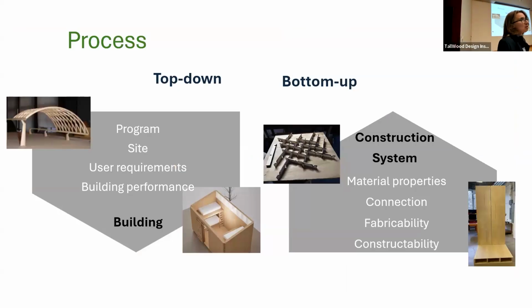The approach that we use is really merging top-down design approaches, considering the program, design, user requirements, and building performance requirements, with bottom-up approaches that consider the construction system: material properties, connections, fabricability, constructability. In this way, all these different expertise are engaged at the same time.